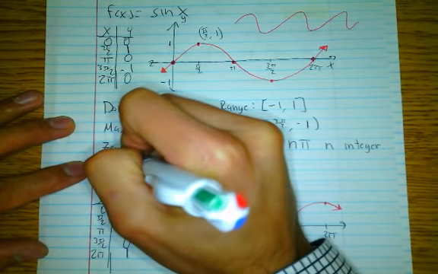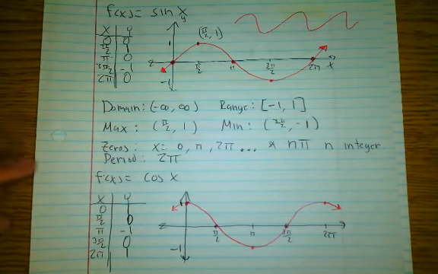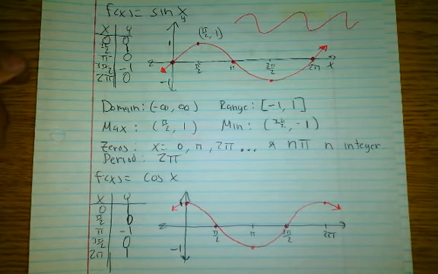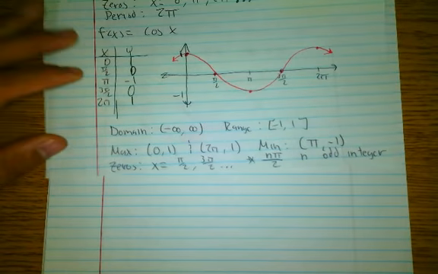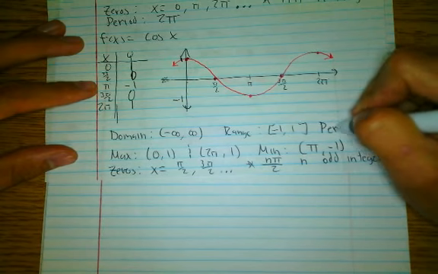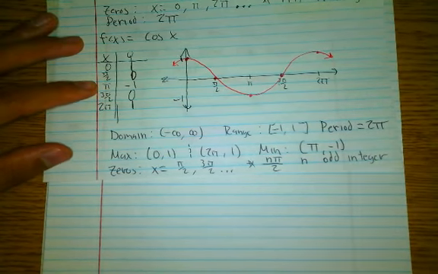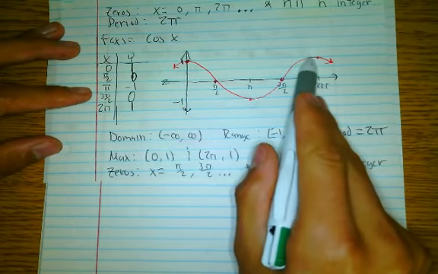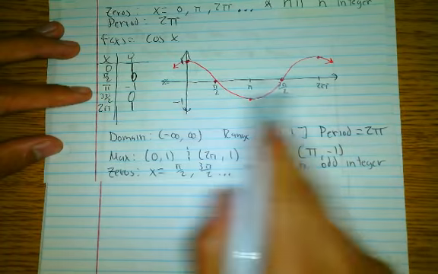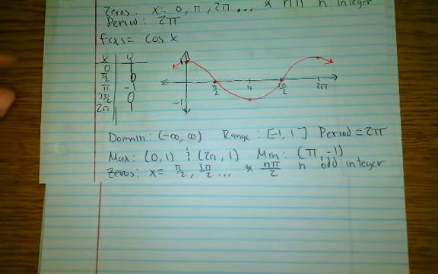What about cosine? What's the period for cosine? 2 pi as well. Agreed? I start here, and at this point I'm going to start repeating myself. It took 2 pi units. Questions so far? So we've learned that sine and cosine are periodic, and that their periods are 2 pi. Cool?